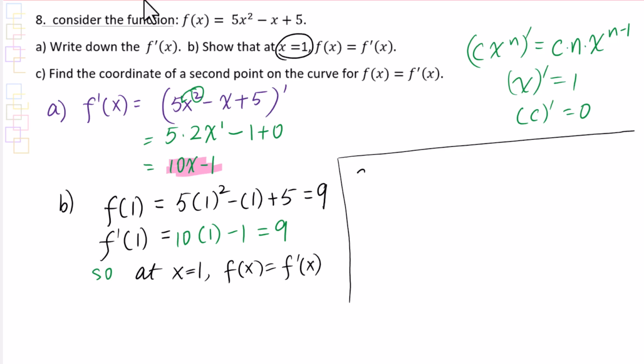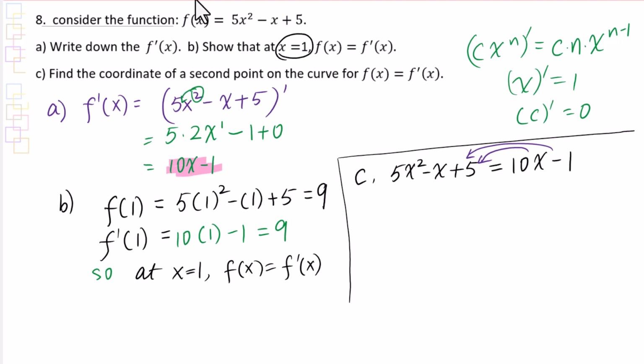Let's go to C. Find the coordinates of a second point on the curve for f of x equals f prime of x. f of x equals 5x squared minus x plus 5 equals f prime of x equals 10x minus 1. If you want to use poly roots, you need to move everything to the left side.